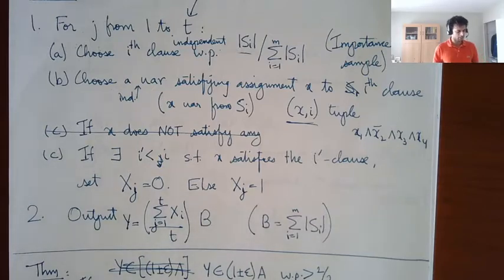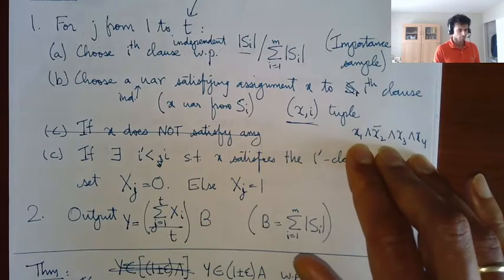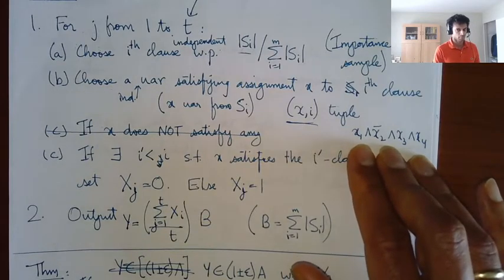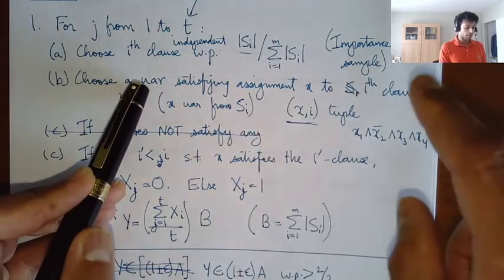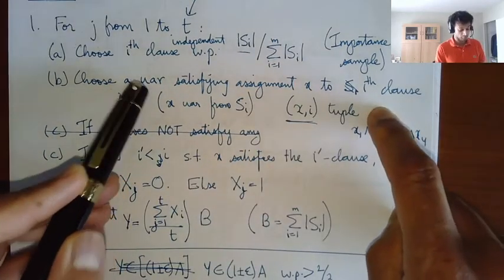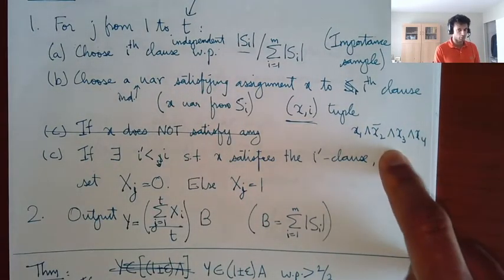So here's your clause. I guess I'm going to choose a random number of them, like, I know at least one is going to be satisfied. No, I said choose a uniform at random satisfying assignment for the ith clause. So let's say I gave you this clause.